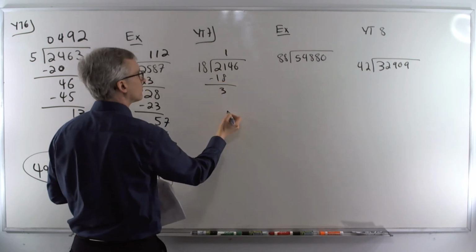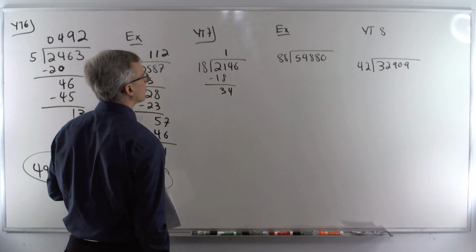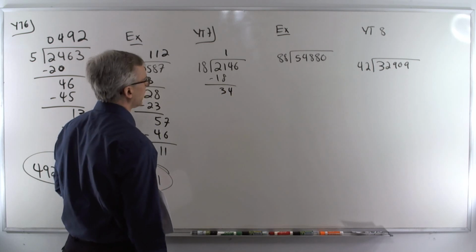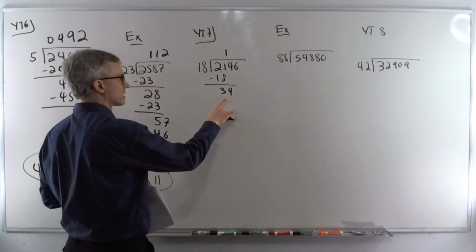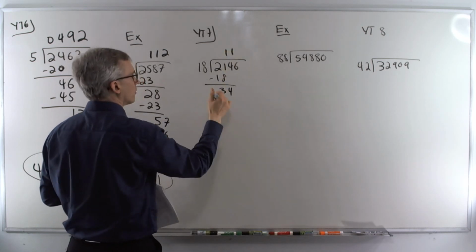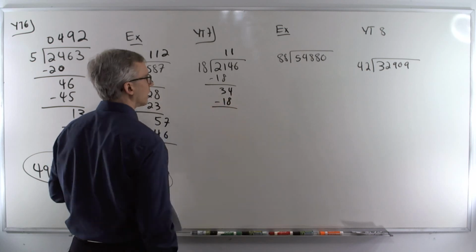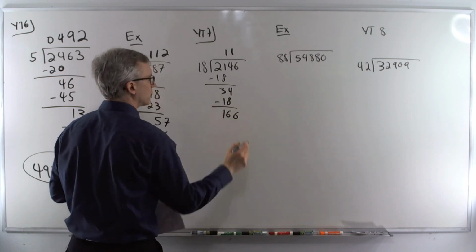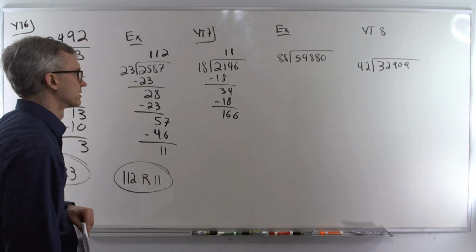Subtract, get 3. I'll bring down the 4. Looks like 18 times 2 is 36, so that's going to bring us over. So just another 1 there. 1 times 18 is 18, and we'll subtract to get 16. And then bring down the 6.